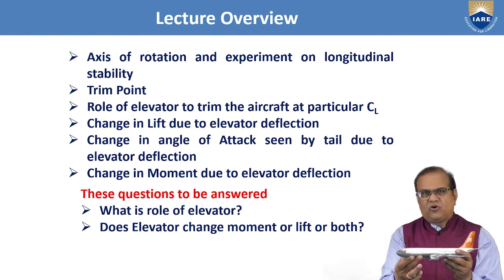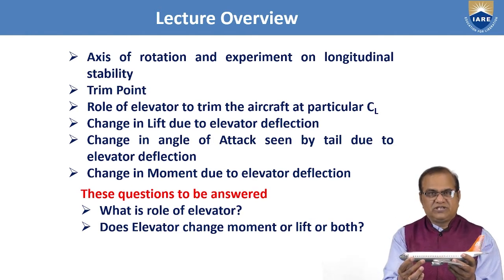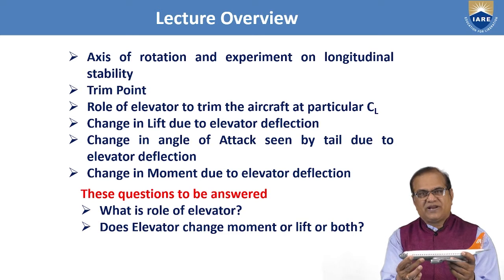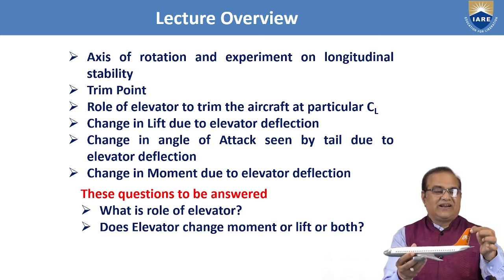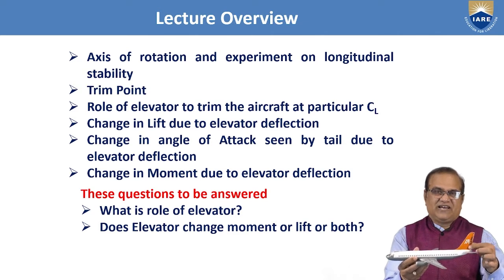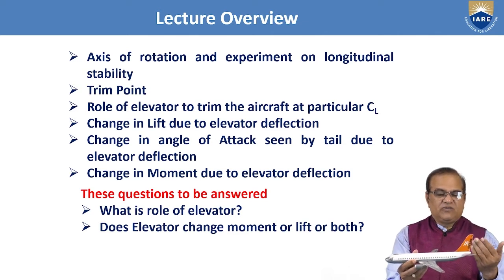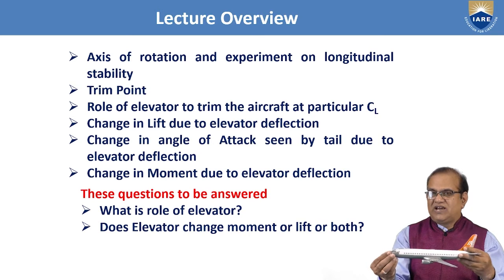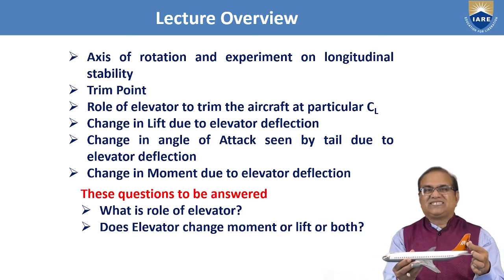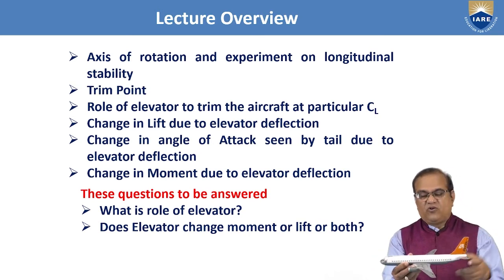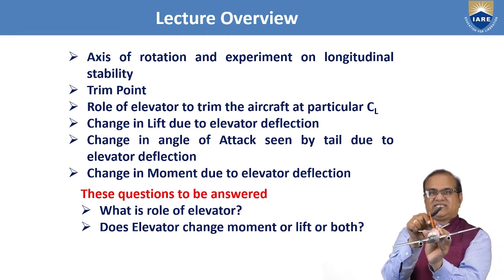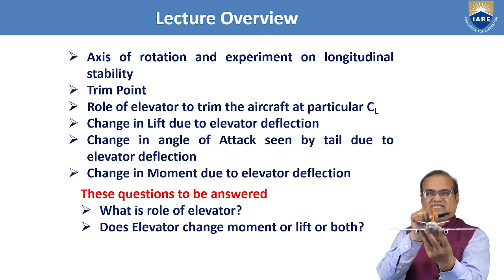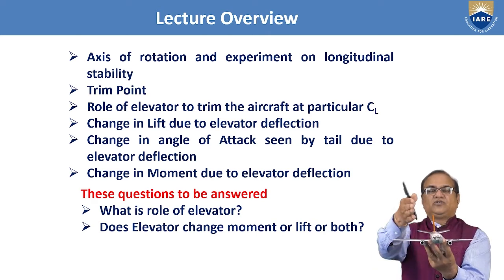If I want to make the nose go left or right, it is called yawing motion. For that I have to use the rudder. Rudders are fixed behind the vertical fin. If I want to make the nose left, I have to move the rudder left so that a force is generated in this direction, and the aircraft nose will go left.